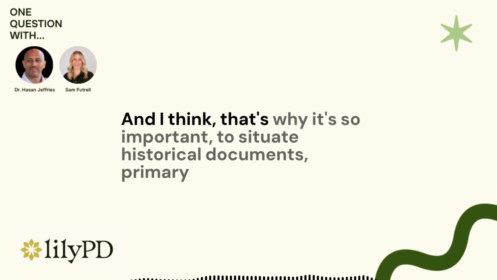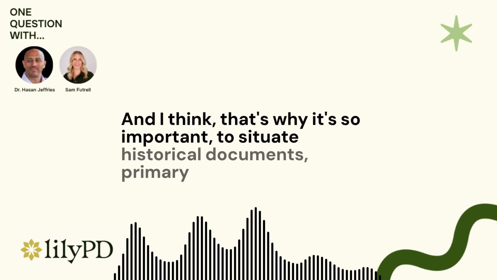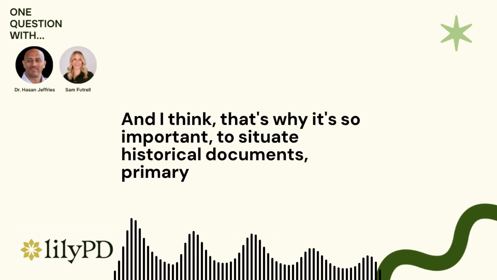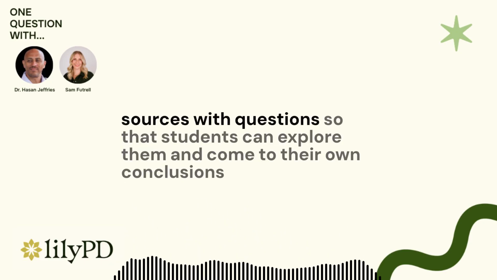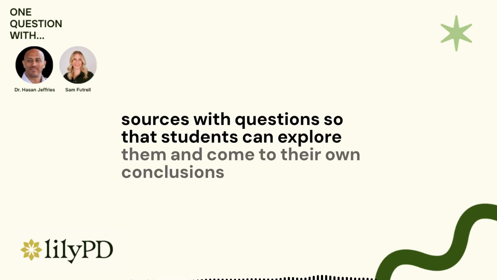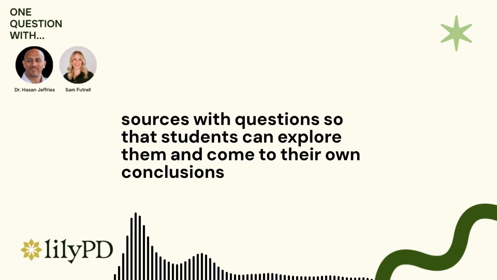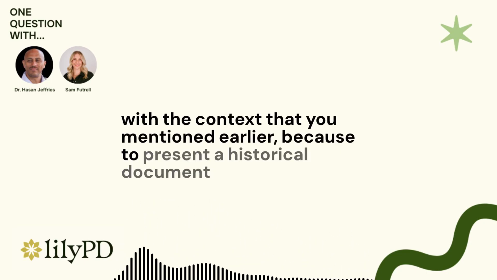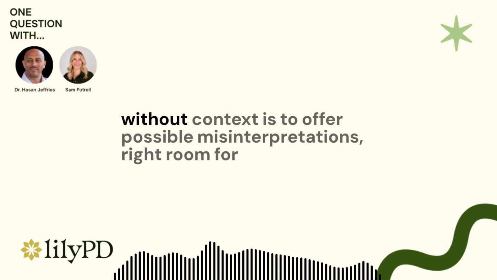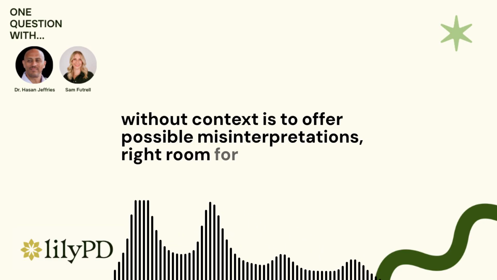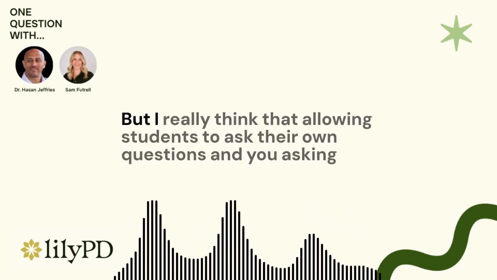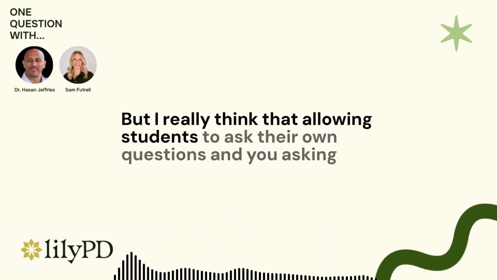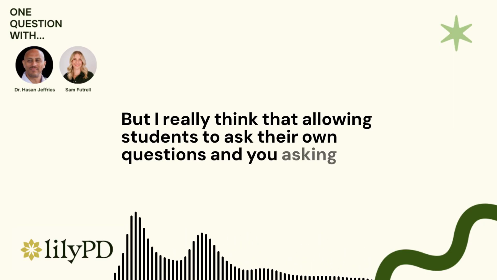And I think that's why it's so important to situate historical documents, primary sources with questions so that students can explore them and come to their own conclusions with the context that you mentioned earlier. Because to present a historical document without context is to offer possible misinterpretations, right? Room for misinterpretation.